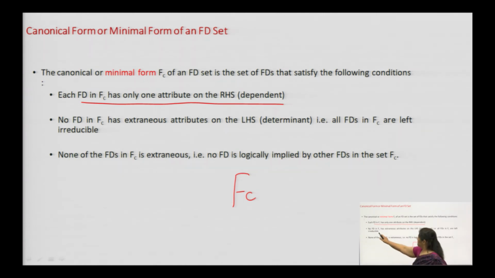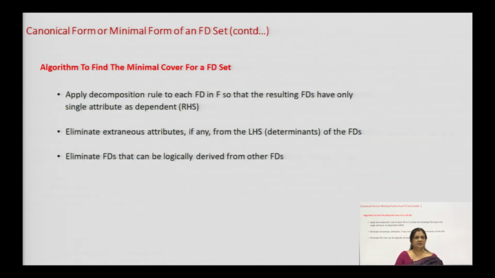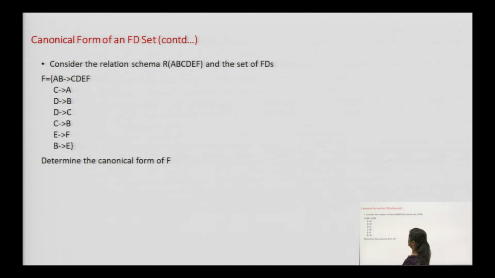Second, no functional dependency in FC has extraneous attributes on the left hand side, and third, none of the FDs in FC are extraneous. So, if we can achieve these three conditions, then we get the minimal or the canonical form of a functional dependency set. Let us find the canonical cover for this functional dependency set.